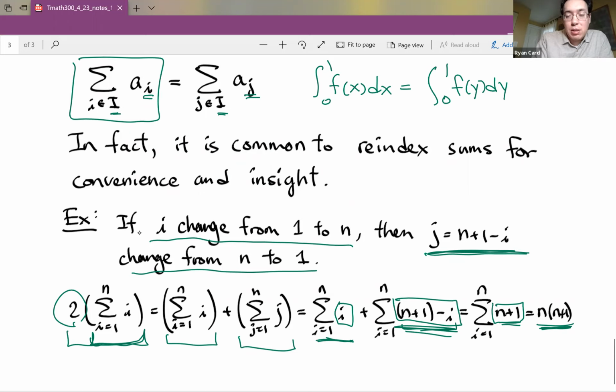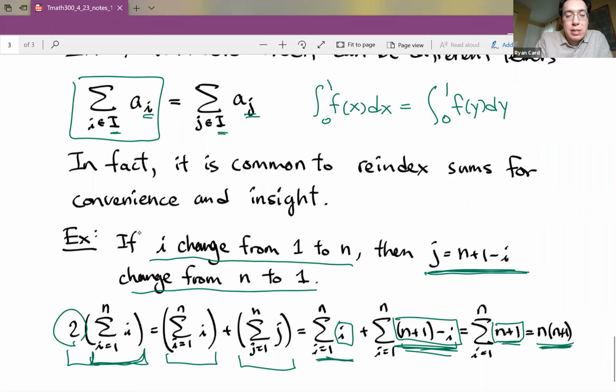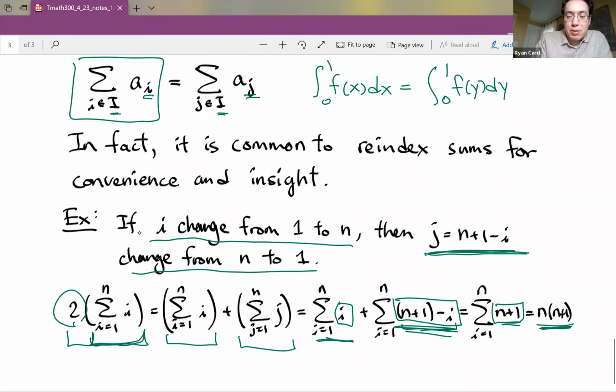But if you have some insight, maybe you can come up with a formula like this. By the way, this insight of adding the numbers twice, once forwards and once backwards, and then getting this constant n plus 1 over and over, was used by Gauss when he was in elementary school, which I think is a cool idea.